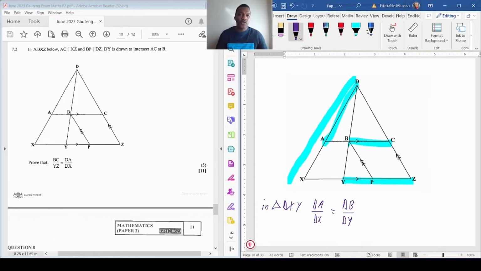Now, let me just pause there to say that I know you're asking yourself, why did I use dB over dy? Or rather, why did I use the triangle dxy when I could have used dxz? Now, here's the thing.